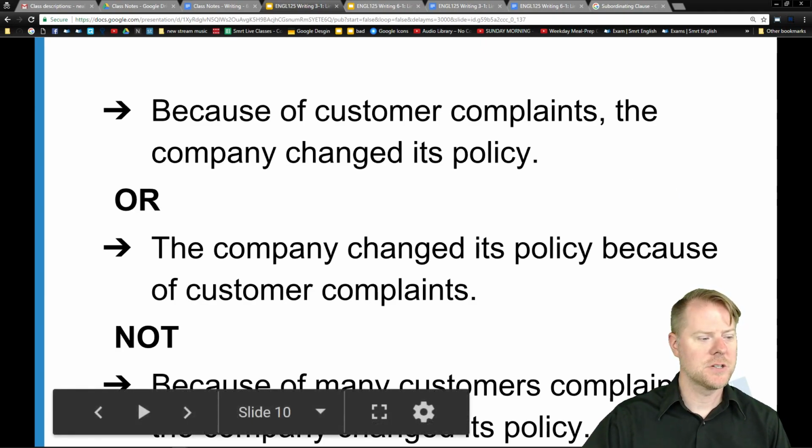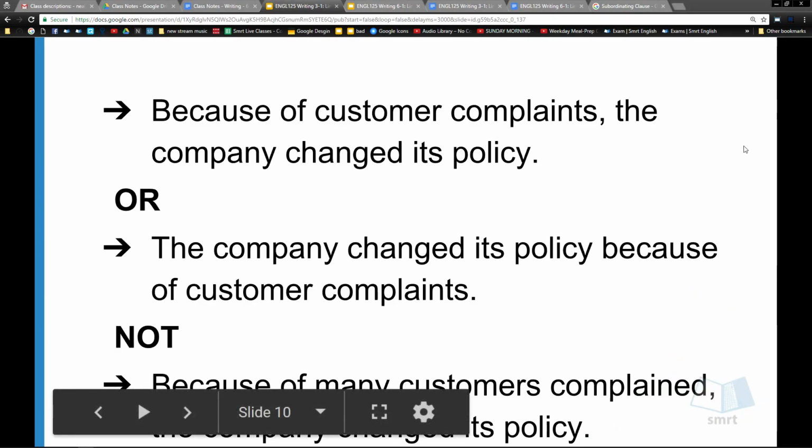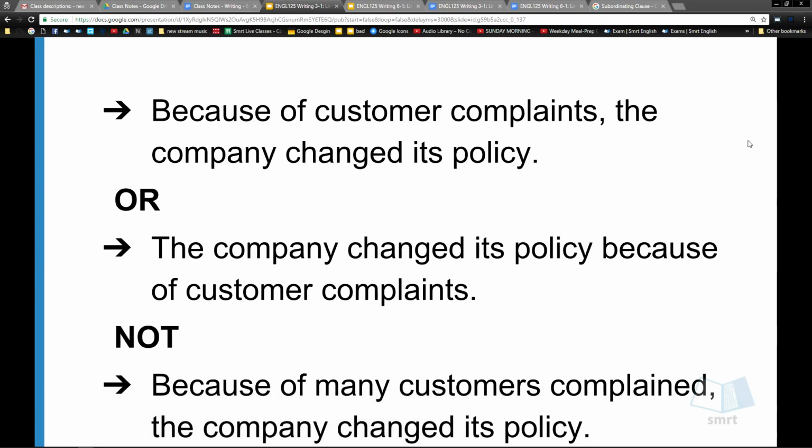I'm going to pop out so you can see that last sentence. Because of customer complaints, the company changed its policy. You could also write this: the company changed its policy because of customer complaints. But you cannot write, "Because of many customers complained, the company changed its policy." You can't write that last one because that is a dependent clause.